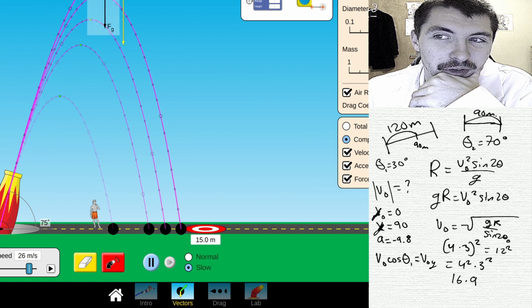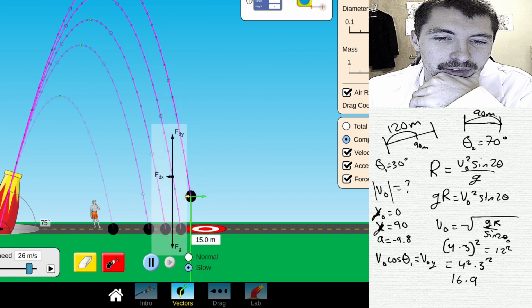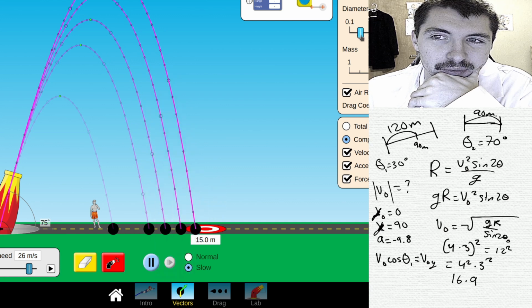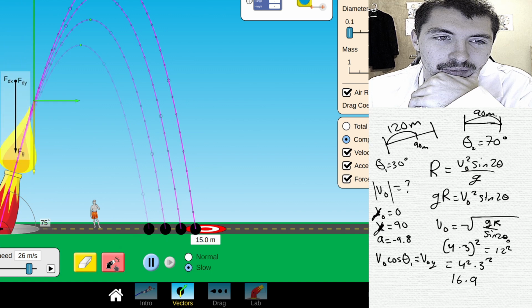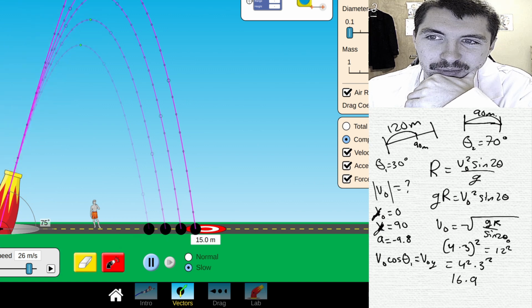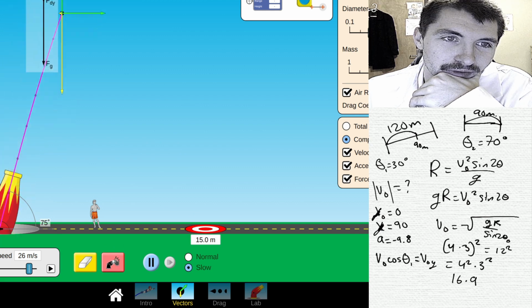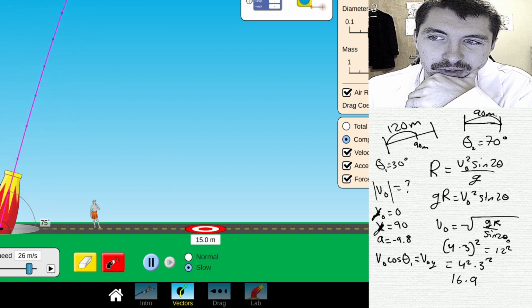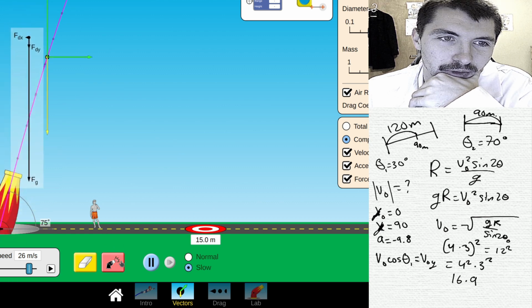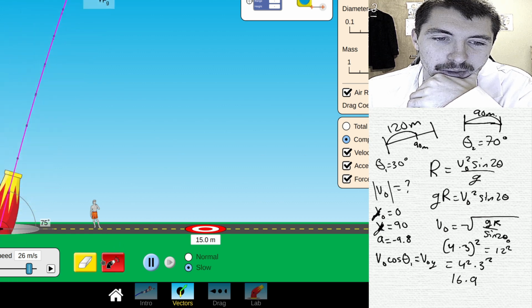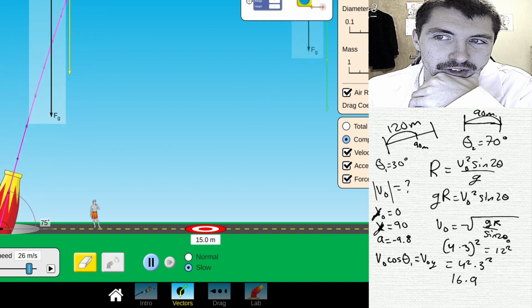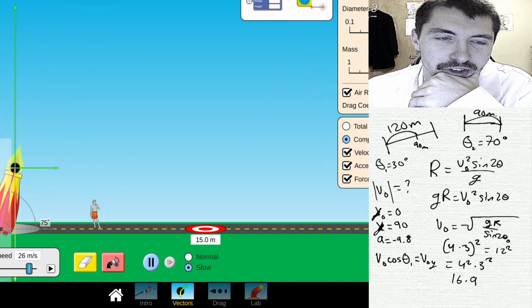So you can change the diameter of the ball as well. Okay, well, that one's gone. What about a very dense one? Diameter definitely matters a lot. You gotta think more diameter, more air resistance.